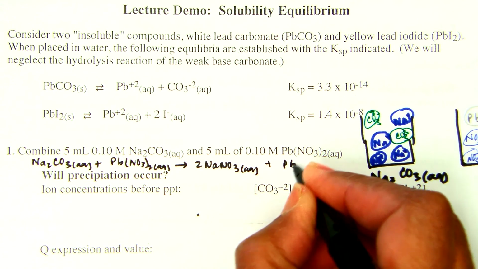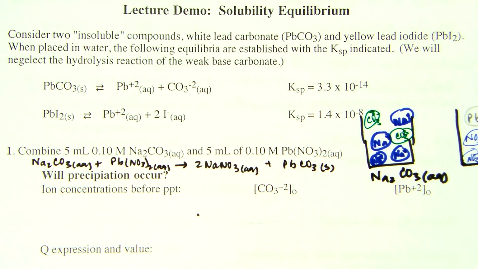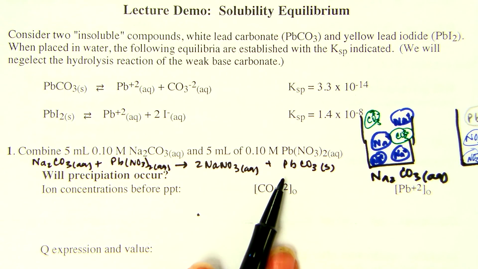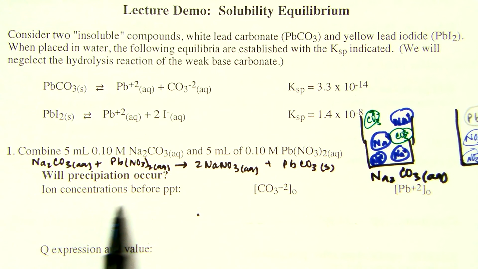So now they want you to calculate ion concentration before precipitation, before they mix with each other, right? How would you get that? You will get moles of CO3 by multiplying molarity and volume together.